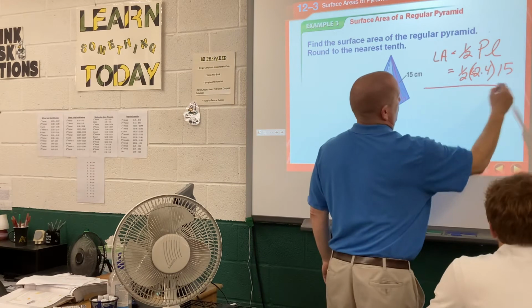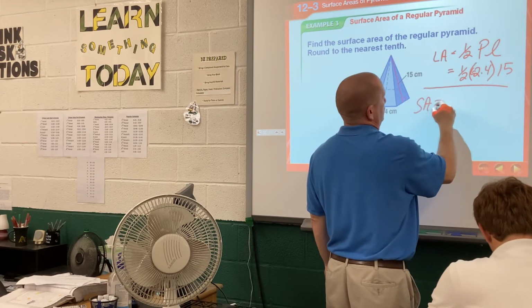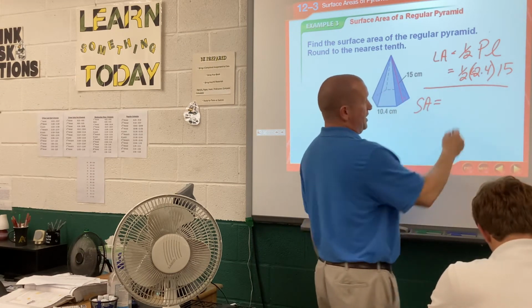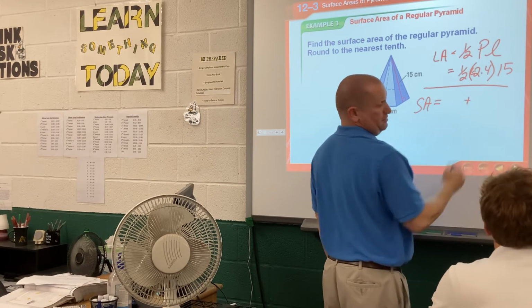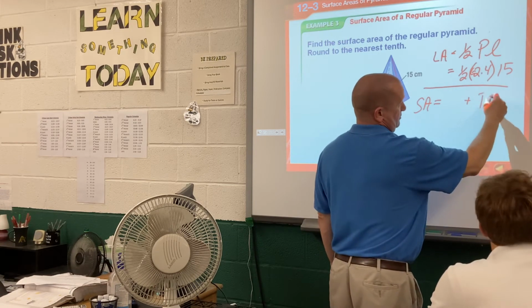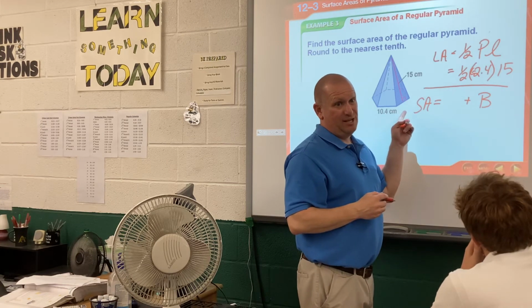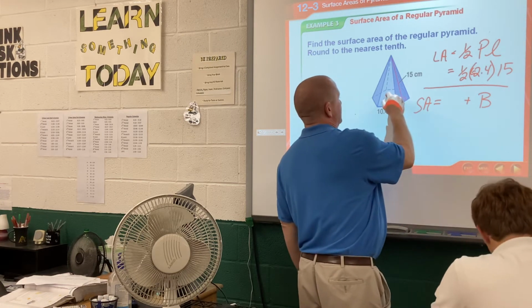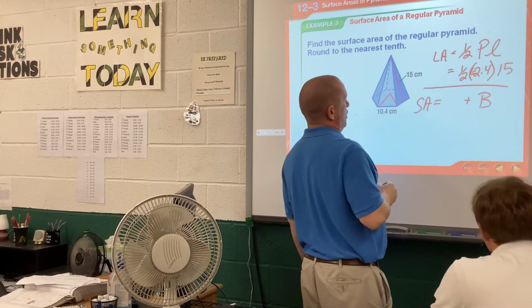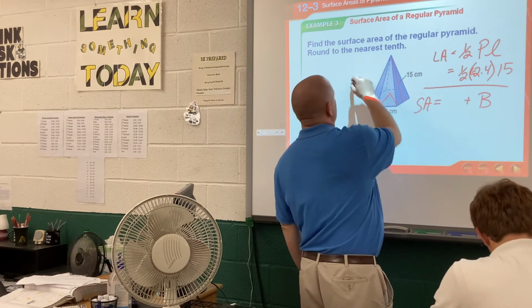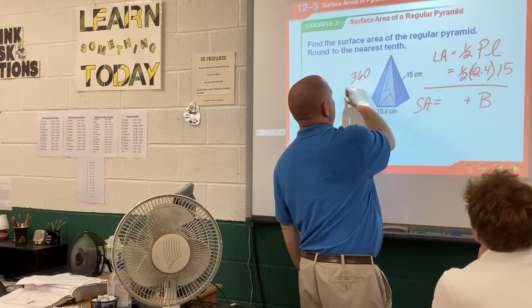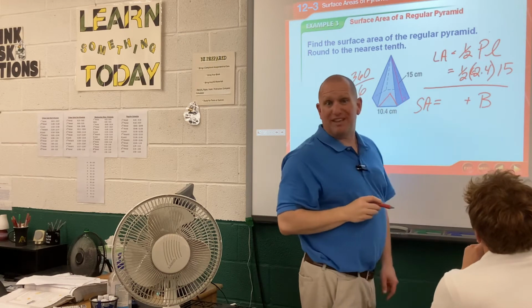So for surface area, we're going to use that same answer, but now we're going to add what? My B, which is the area of my base. So now we go back, and this is where this comes in. Remember drawing that triangle there? I have to take 360 divided by 6 because I want that central angle.